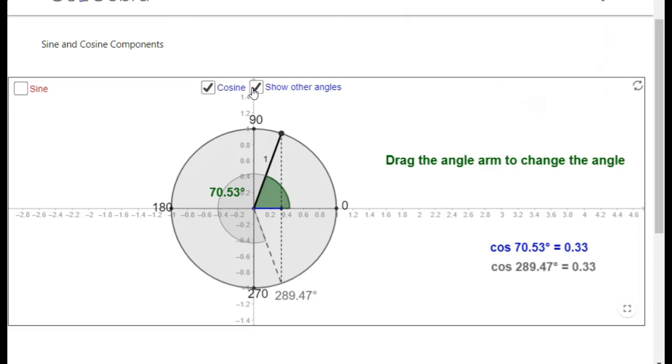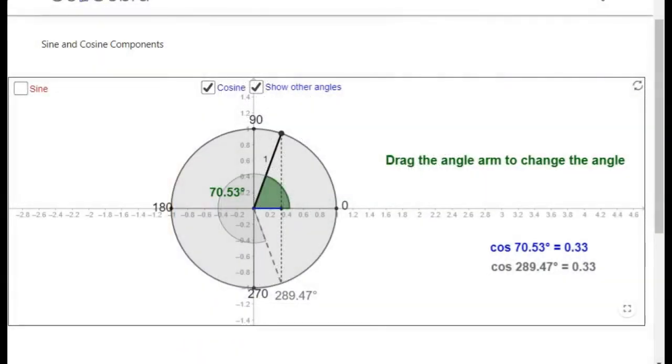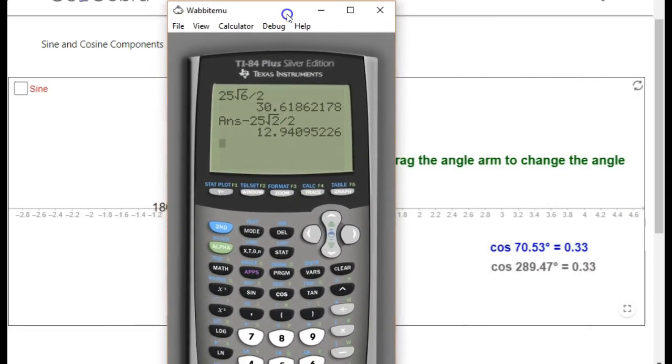All right, now to get an angle on your calculator, you're going to use what's known as the inverse key. If you look right above your sine, cosine, and tangent keys, you'll see sine with an exponent of -1, cosine with an exponent of -1, and tangent. Those keys are called arc sine, arc cosine, arc tangent.